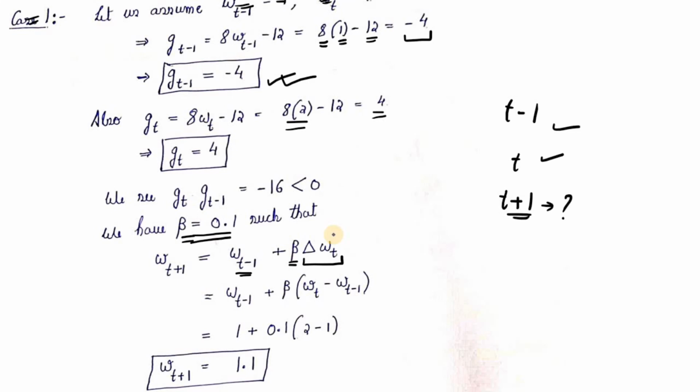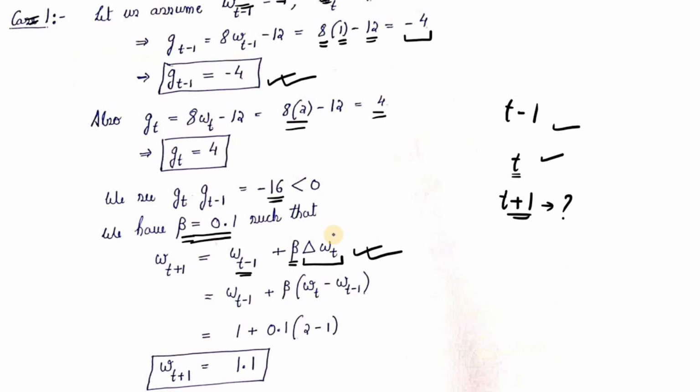We know these two terms. But now at time t, we are getting a gradient such that if we multiply it with the gradient at time t minus 1, the product is negative, and then this is the updation rule we are considering. Why we are considering it I will come to a bit later, but as of now just consider that when the product of two gradients is less than 0, this is the updation rule we consider.